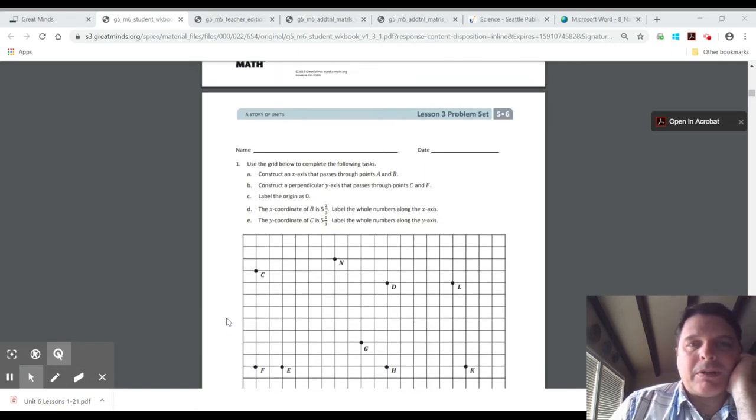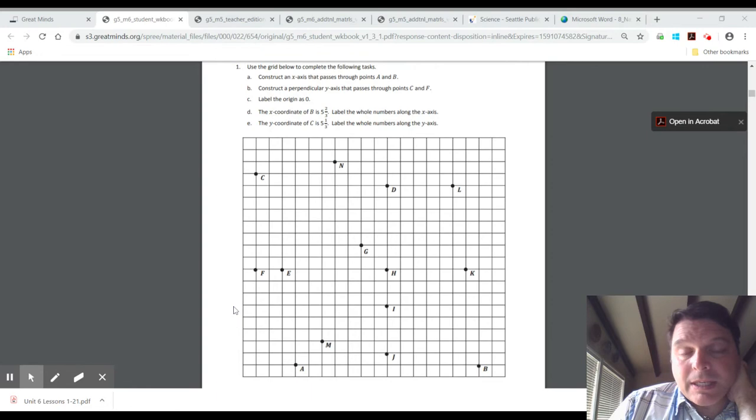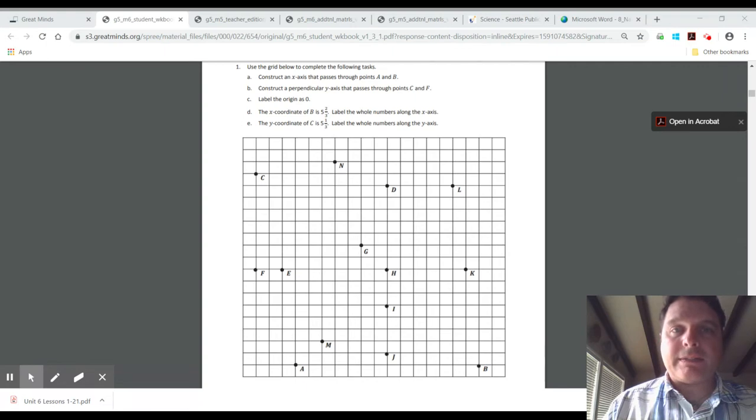Okay, welcome back. This is lesson 3 of unit 6. It starts out with a grid with letters all over it. It first wants you to construct a line through the x-axis, and I already know what it's going to make us do.